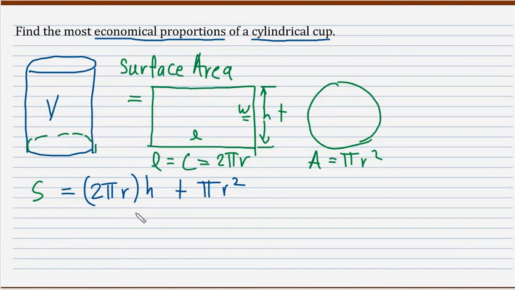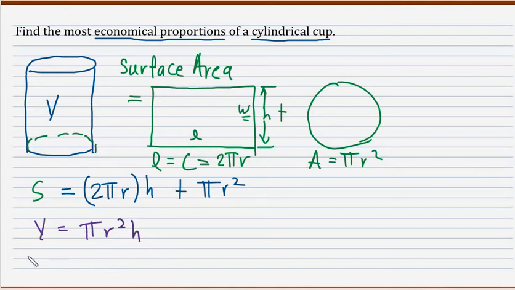So we need another equation, and that's where volume comes in, because as I've told you, volume is fixed in this situation. The volume of a cylindrical cup is equal to the area of the base times the height, so pi r squared times the height.